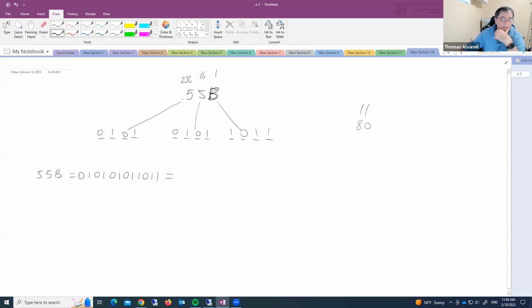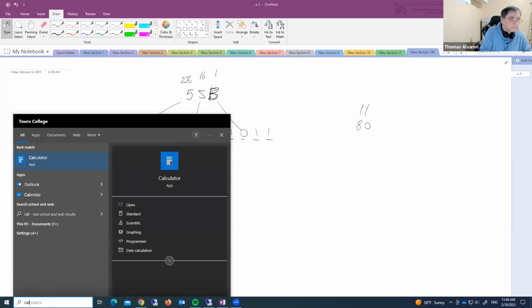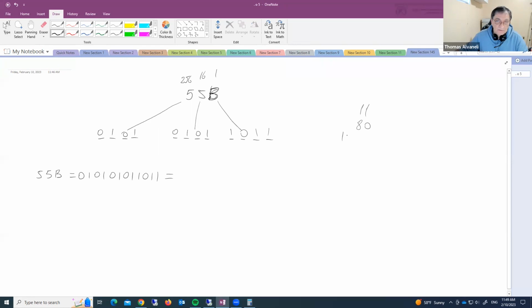Hmm, wait: this 5 is in the 256 column, so let's use our calculator. 5 times 256 is 1,280.